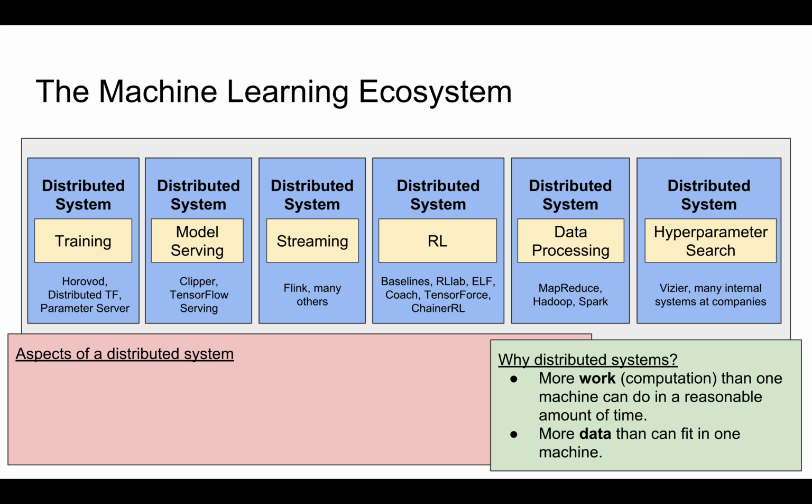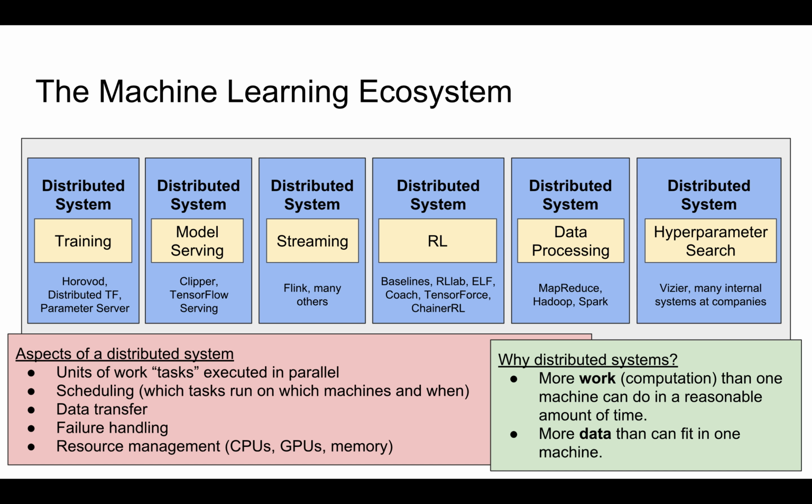So what are the different aspects of a distributed system? Well, there's a lot of diversity in the kinds of designs and architectures for distributed systems, but there are many shared components.